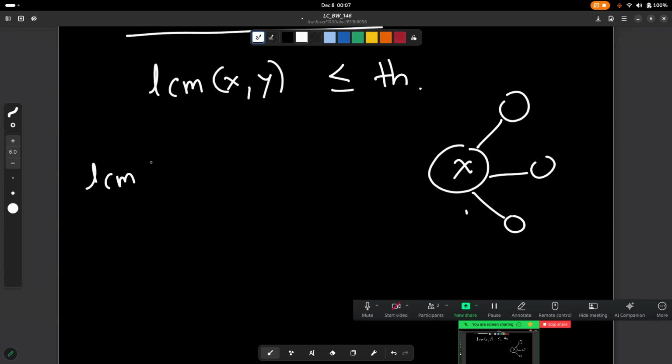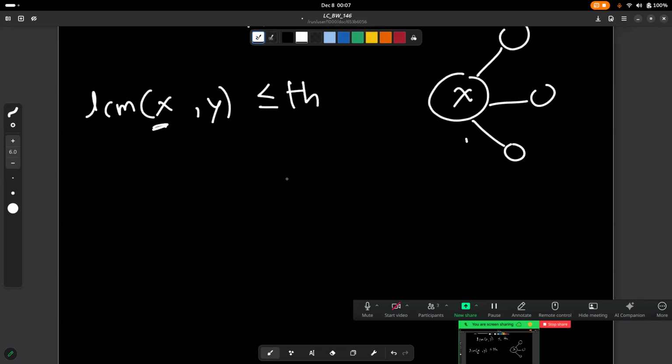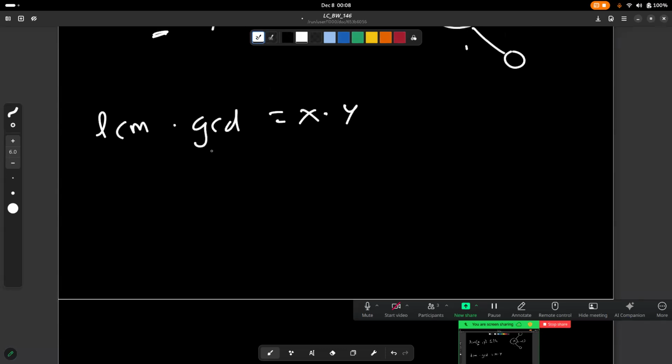So I have this LCM of X and Y, my X is fixed, and I am allowing my Y to vary, and this is the equation that I have to satisfy. With respect to X, what can I change over here? I know this equation that LCM times GCD is equal to X times Y, right? Let's just say that GCD is represented by D.